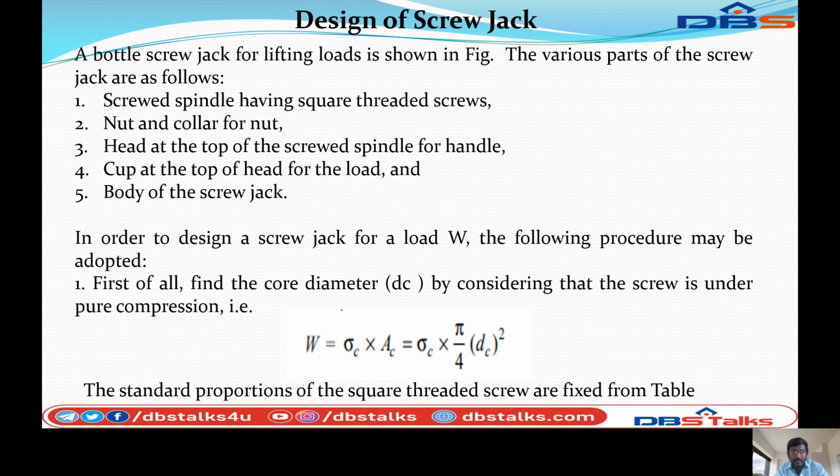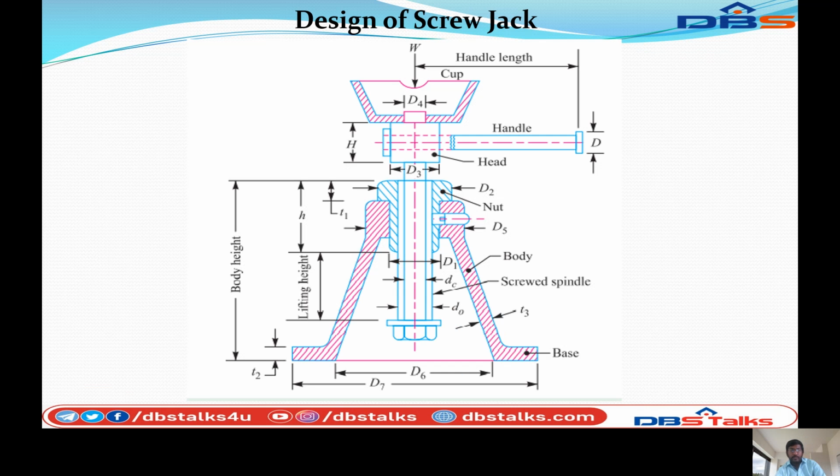Next you can see the diagram. So diameter D1. This is D1 and D2, D3 inner diameter, D4, D5, D6, D7.